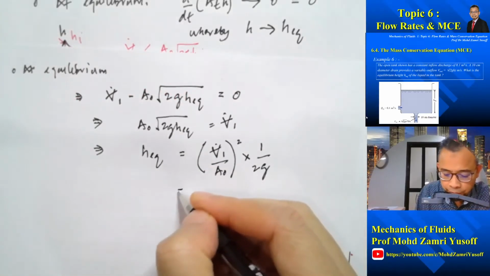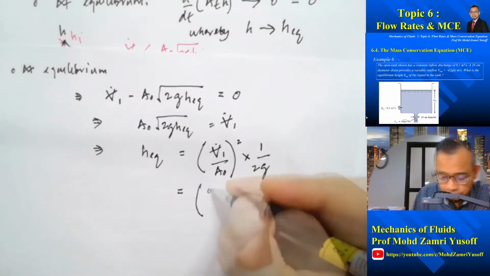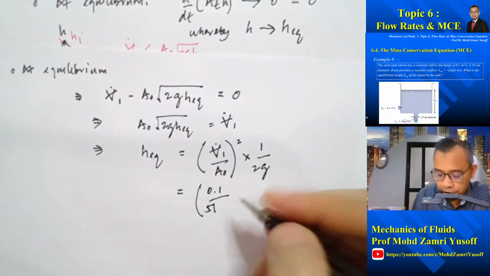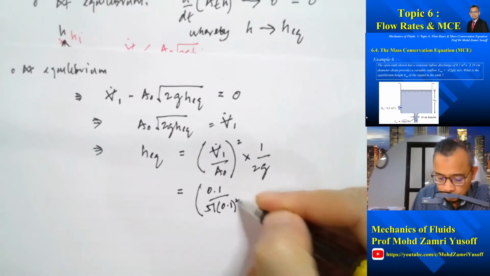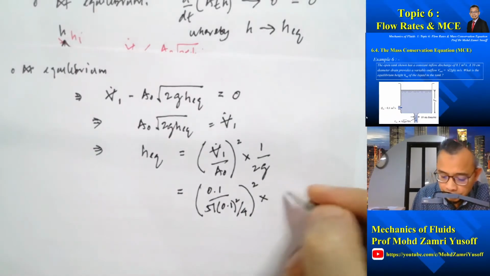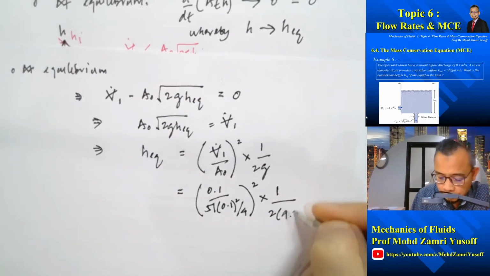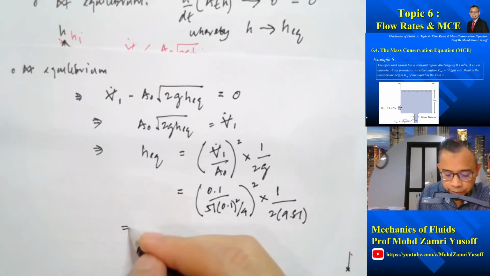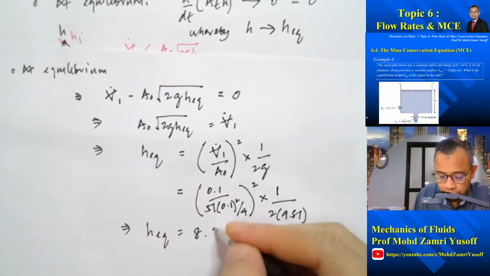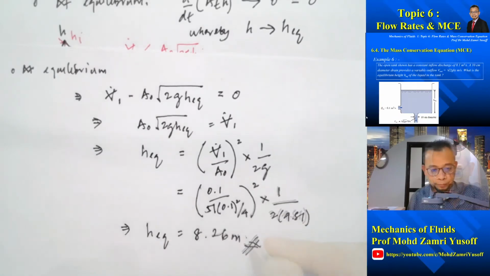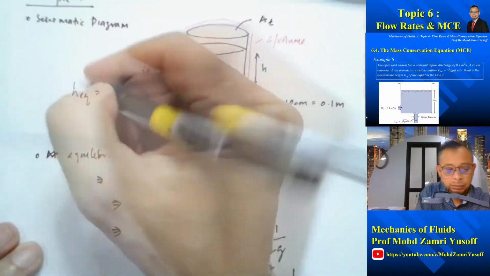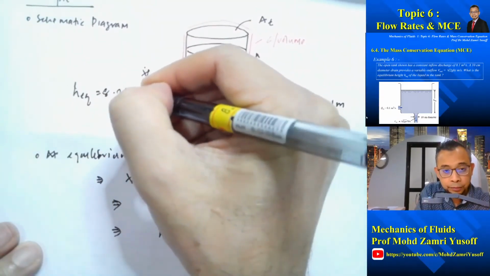So substituting the value, we have 0.1, then the exit area is pi times 0.1 squared over 4, and everything is squared, multiplied by 1 over 2 times 9.81. This will give us H equilibrium is equal to 8.26 meter. Okay, so the equilibrium height is 8.26 meter.